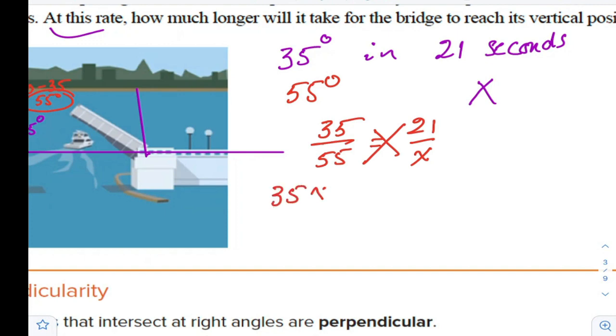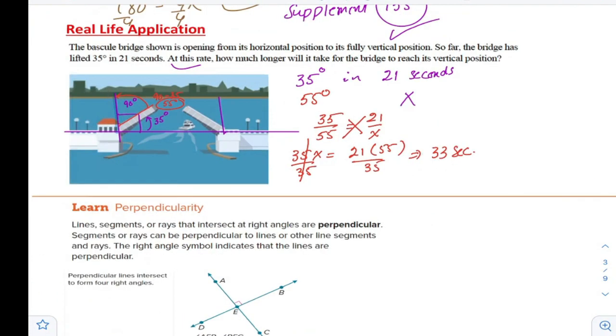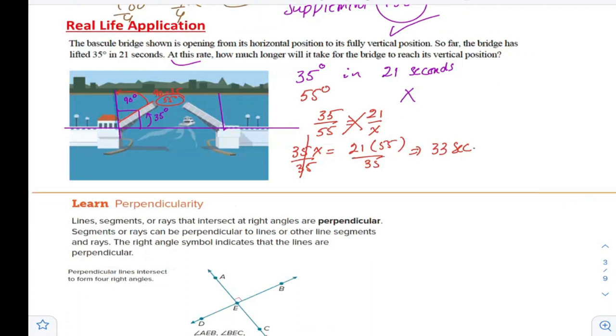So 35 times x equals 21 times 55. Divide by 35 on both sides, and you can multiply 21 by 55 over 35, and it will be 33 seconds. The best way is to do that, يعني, to align the suitable or the proper dimensions after each other. Okay.